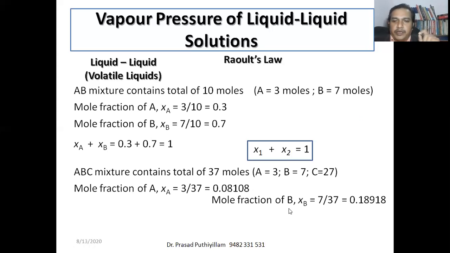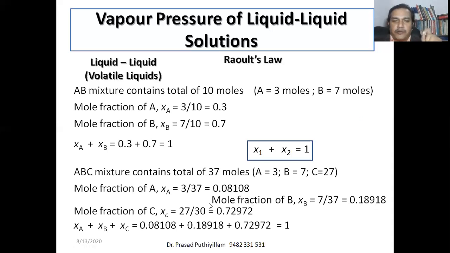Mole fraction of B, that is 7 upon 37, becomes 0.18918. Mole fraction of C, that is 27 upon 37, becomes 0.72972. Here I took 5 decimal places; there are more decimals. Therefore, these mole fractions XA, XB, and XC, if you take the sum total, will be equal to 1.